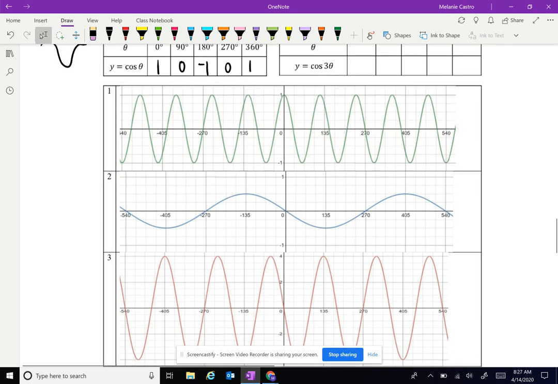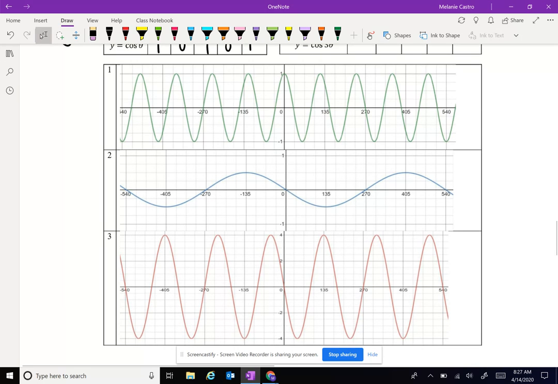So first of all, can you tell which ones are sine waves and cosine waves? If they're starting off at 0, both of these have to be sine waves. And I know that because they started off at 0. Cosine waves start off at either 1 or -1, or their max or their min.